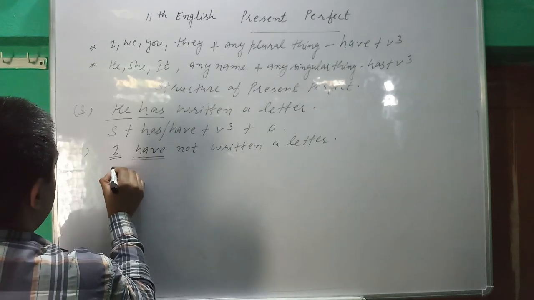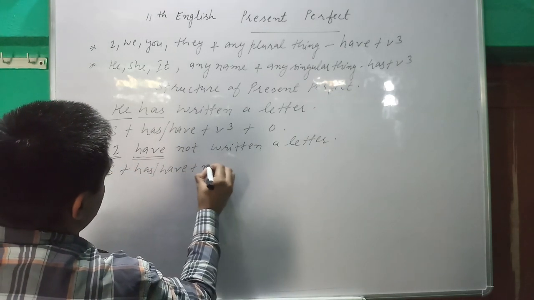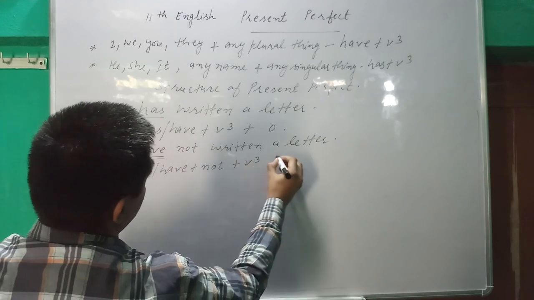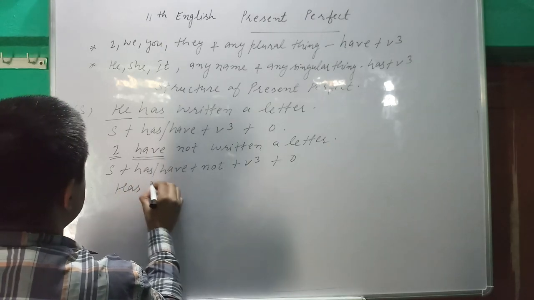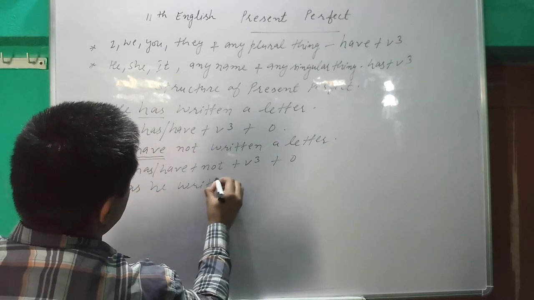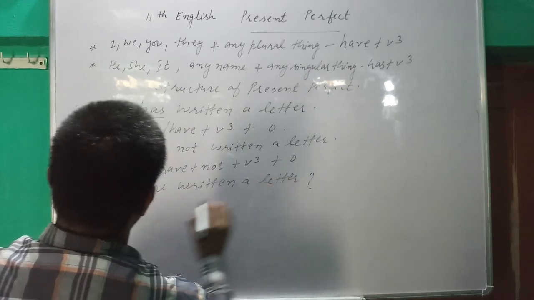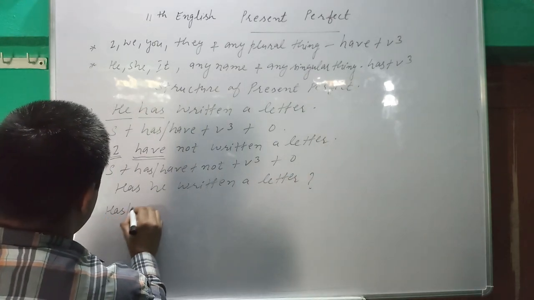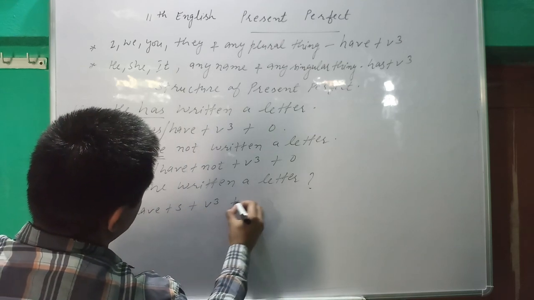Okay. Subject plus has/have plus not plus third form plus object. Interrogative: Has he written a letter? Okay. After that, interrogative mark. Has/have plus subject plus third form of verb plus object.